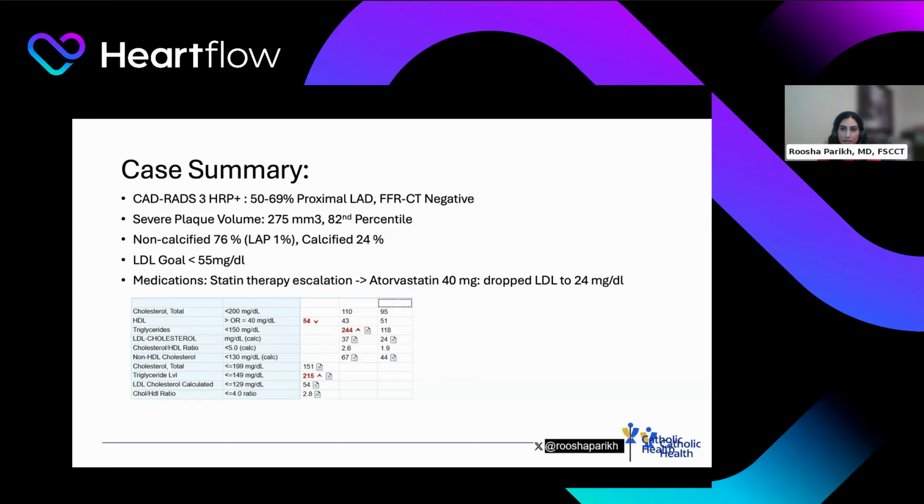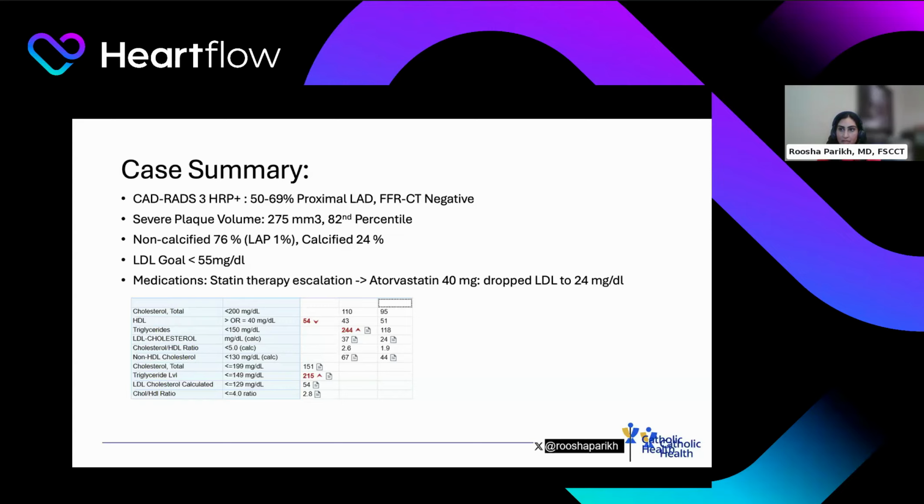The LDL goal for this patient is less than 55 if you look at the DECIDE registry, but he was already less than that. For medication, statin therapy was escalated, atorvastatin to 40 milligrams, and LDL dropped to 24. So again, for this patient, a more minimalistic approach was taken where the LDL did drop.